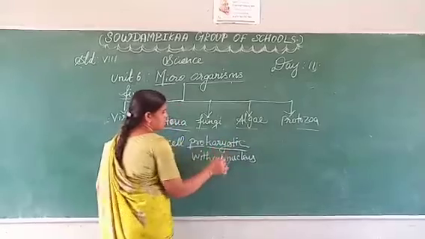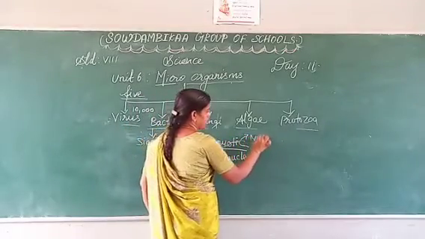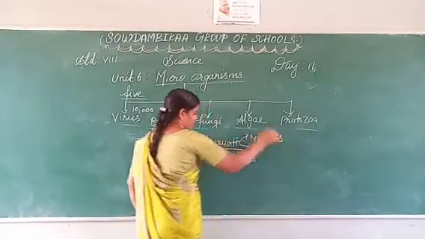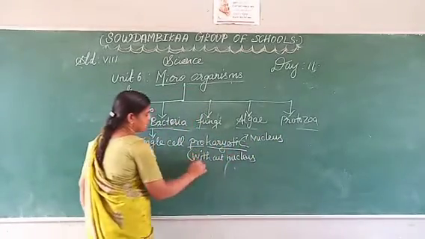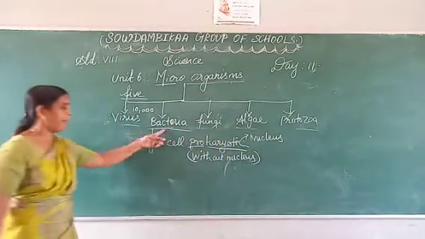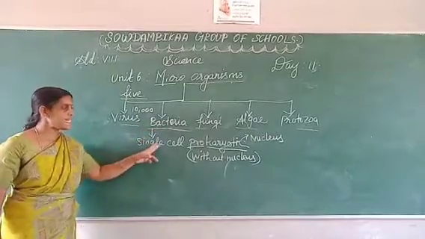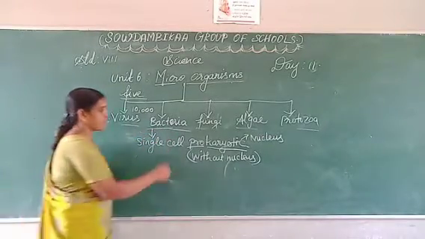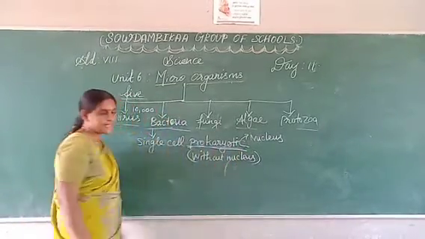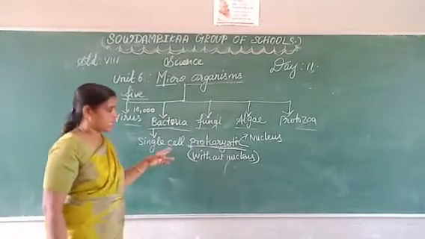Karyotic means nucleus. So there is no nucleus in a bacterial cell. The first point: the bacteria has a single cell, prokaryotic.